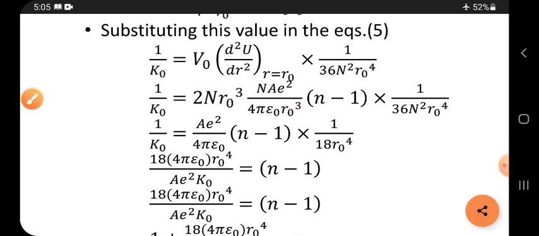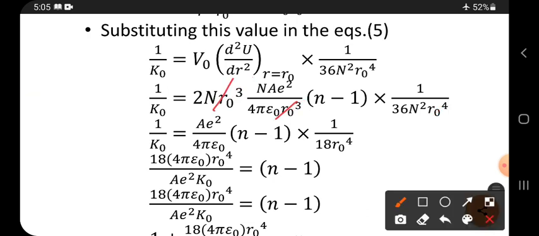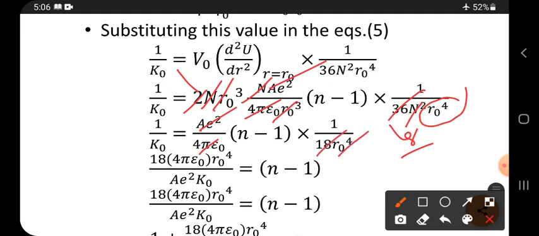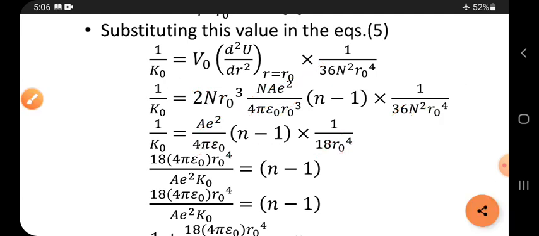The remaining all are the same: a e square by 4 pi epsilon naught, r naught power 4, into 18, into the n minus 1 factor.